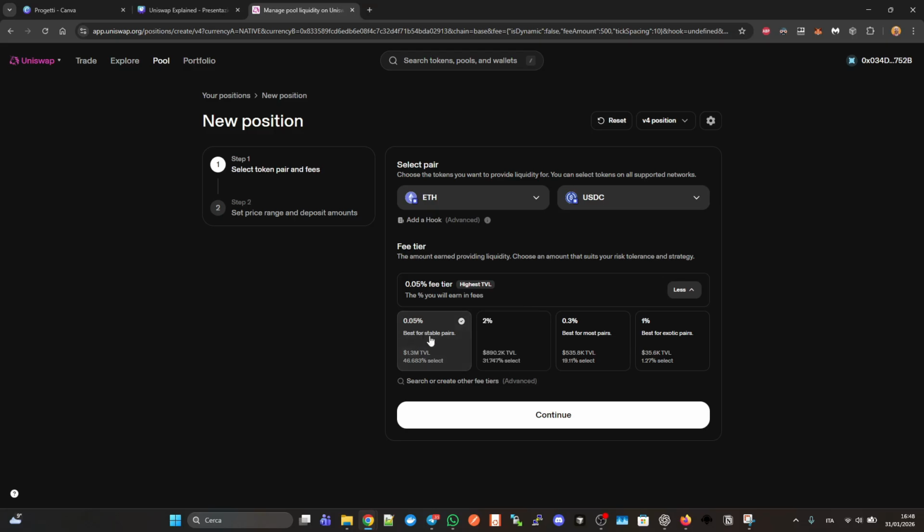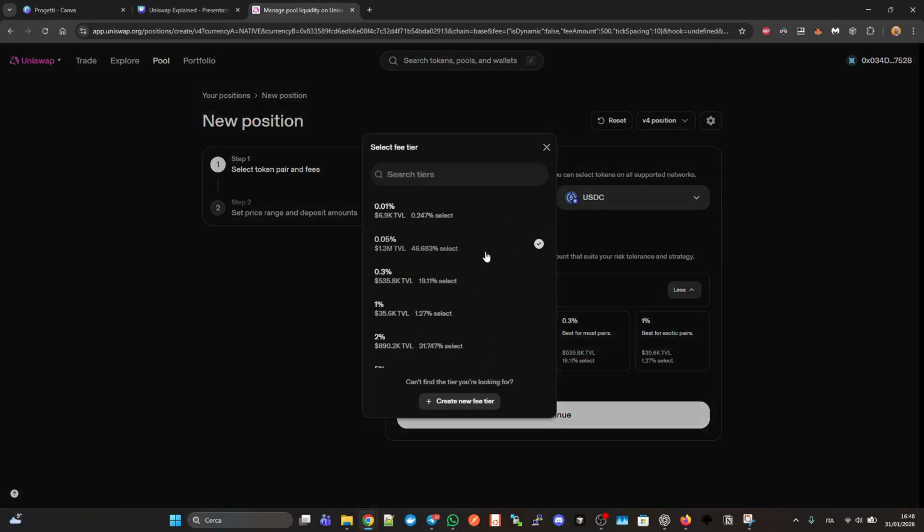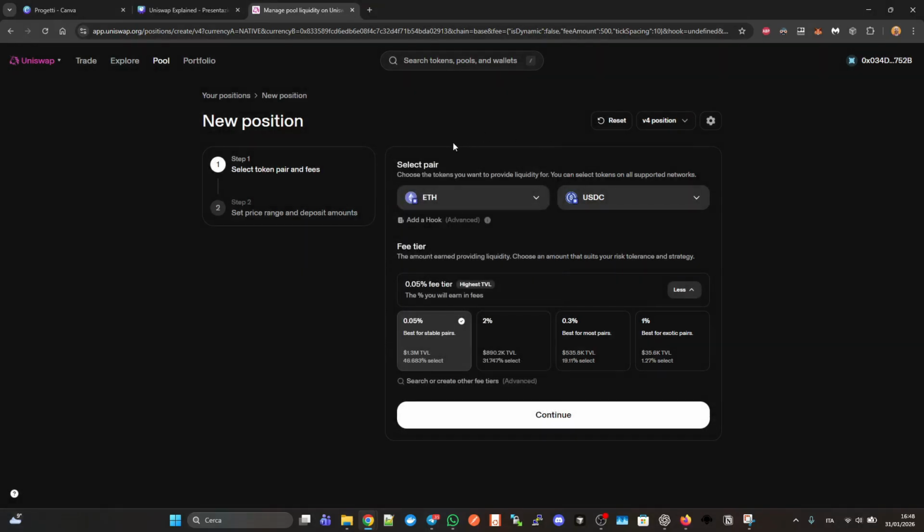So basically, this one wants to gain on the volume of the trades, and this one is charging a higher fee per trade. So it should have a lower volume, but we can also create our own tier in V4, sorry, while this was not possible in V3, because in V4 there are the hooks.